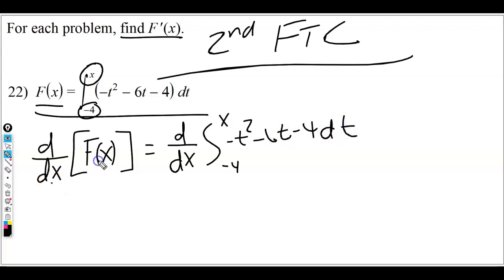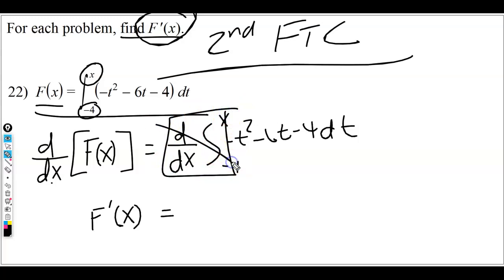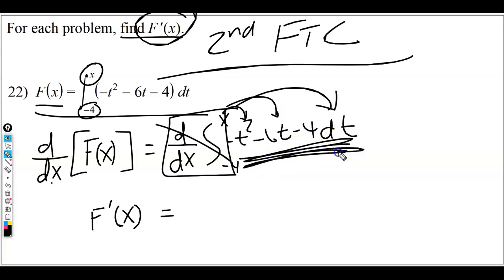Now, the derivative of f of x is f prime of x, and that's what we're trying to find, right? And in this case over here, the derivative of an integral, they just cancel each other out. Now, for reasons that I'll show you on the next problem, you end up just basically with this expression here, but instead of t's, you're going to have x's. Now, I'll explain why the variable changes in a minute, but for now, there's your answer.